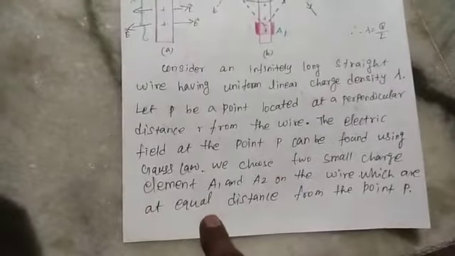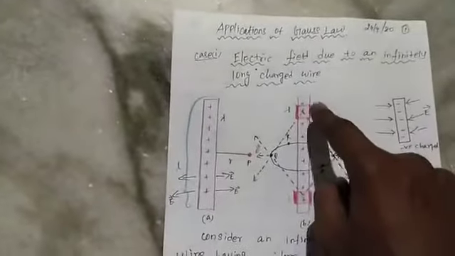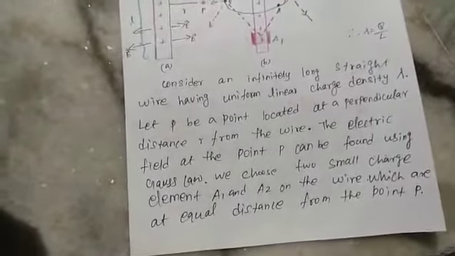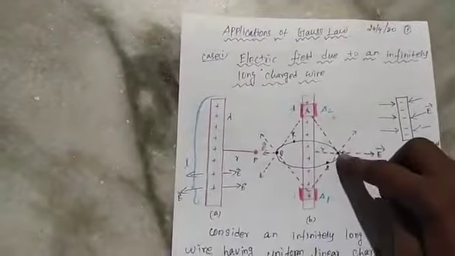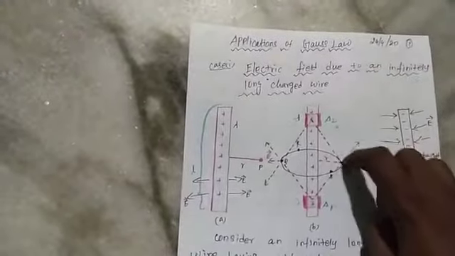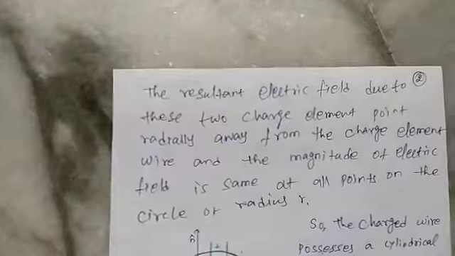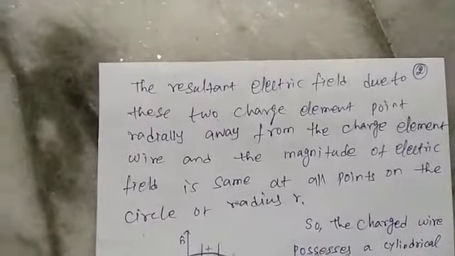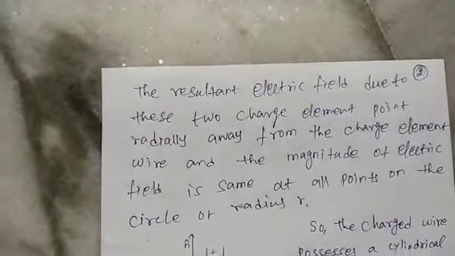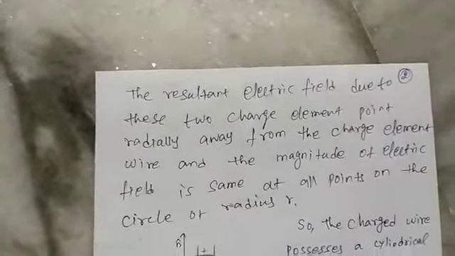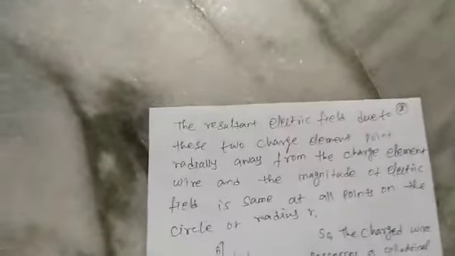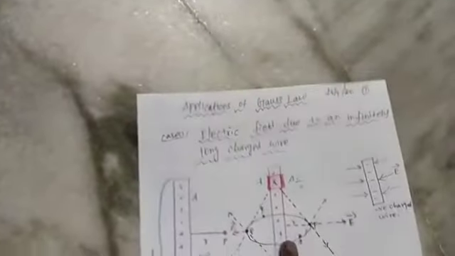The small charge elements A1 and A2, the red areas, are at equal distance from the point P. So the resultant electric field due to these two charge elements points radially away from the charged wire.